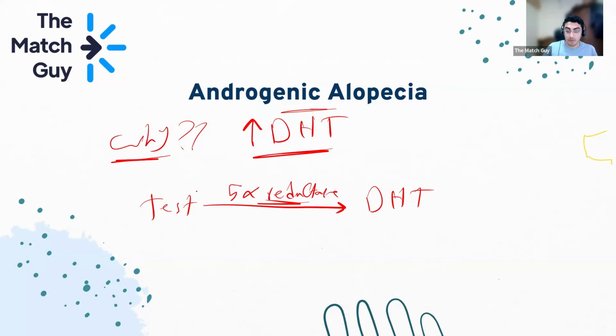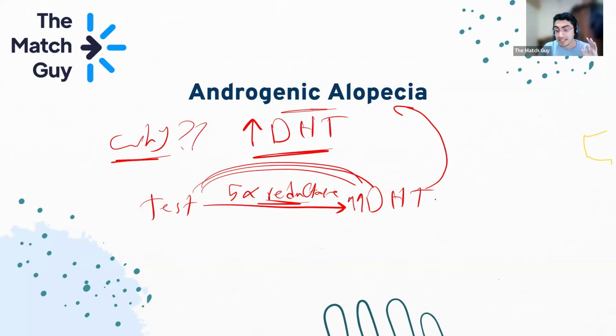If we have increased conversion of testosterone into DHT, this can increase the DHT level and cause androgenic alopecia. Pay attention, guys. Increased DHT also contributes to benign prostatic hyperplasia and prostate cancer.